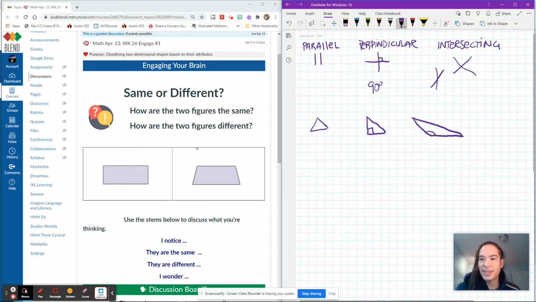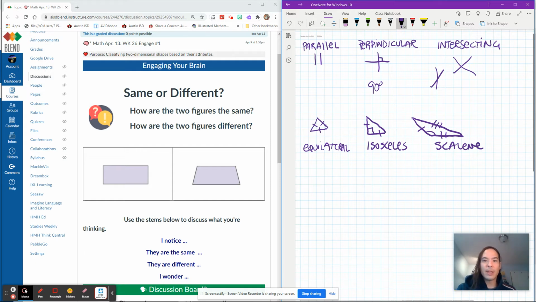With the little third line. We also talked about side lengths. If you have three side lengths the same, it's equilateral. If you have two side lengths the same, remember it's isosceles. And if none of the side lengths are the same, then that is a scalene triangle.